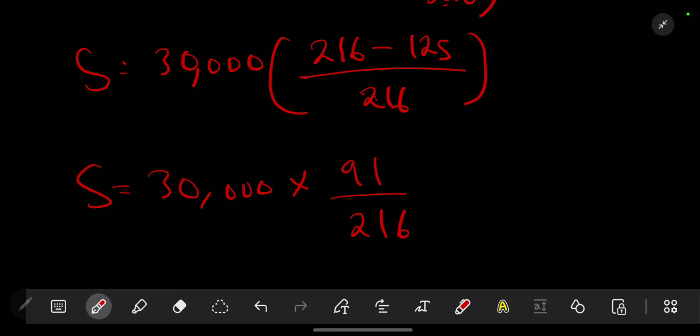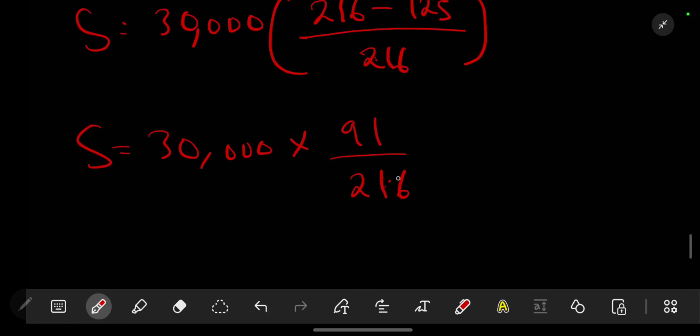So then we are now going to deal with this equation and simplify as much as possible. Let's start with a 3 that can easily work. 3 can enter into 21 and 216. So 21 divided by 3 is 7, and 216 divided by 3 is 72.